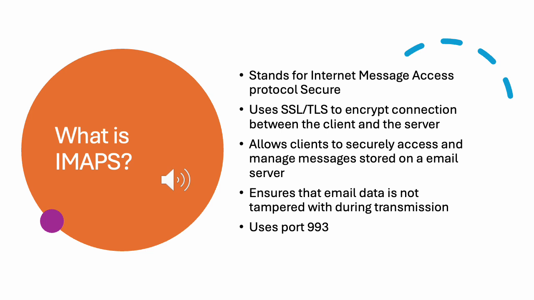IMAPS commonly operates on port 993, which is the designated port for encrypted IMAP traffic. By utilizing IMAPS instead of standard IMAP, users and organizations significantly reduce the risk of unauthorized access and data breaches.